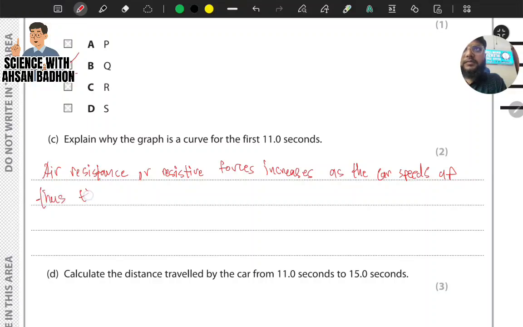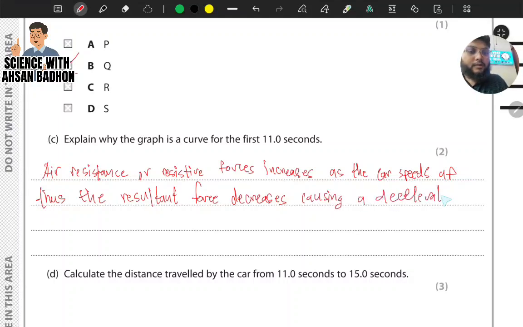Thus the resultant force decreases, causing a decrease in the acceleration.